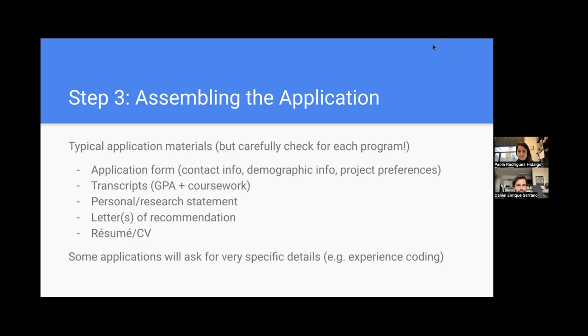Then a personal research statement, letters of recommendation, and a resume or CV about, again, what you have done previously, right? Some applications will also ask for specific details, for example, programming. Experience coding is very typical because obviously we need a lot of programming in many of the different experiences that you're going to be doing. But again, it could be a whole range depending on your interests.